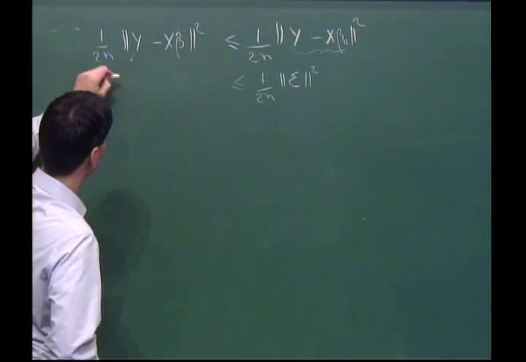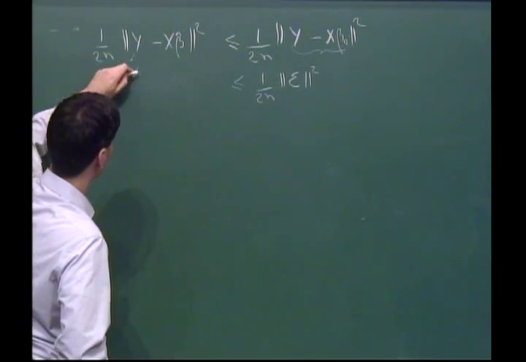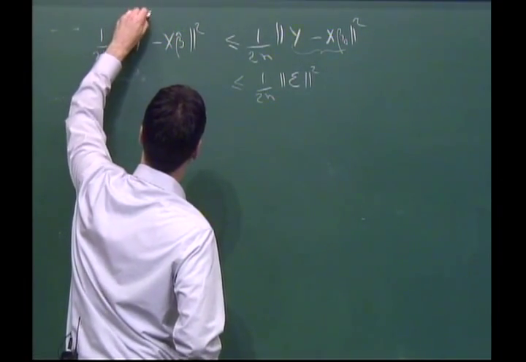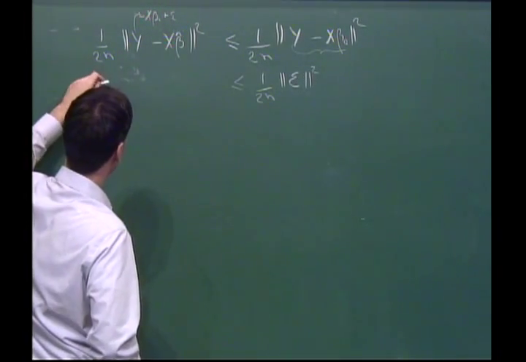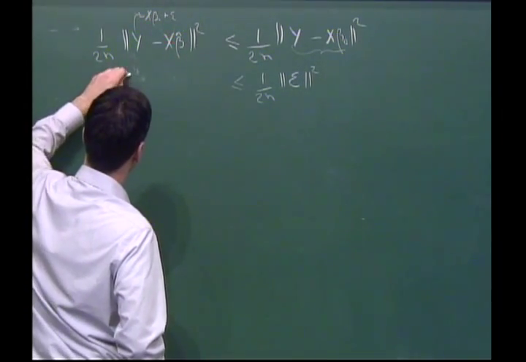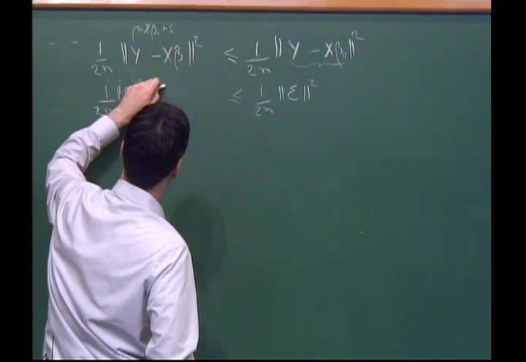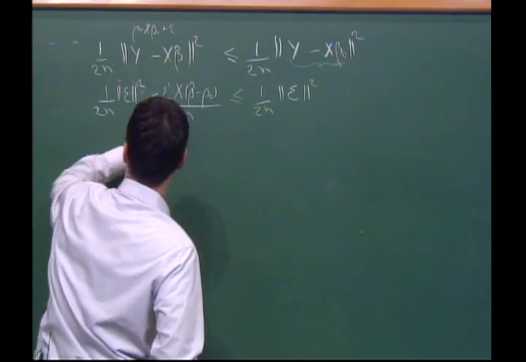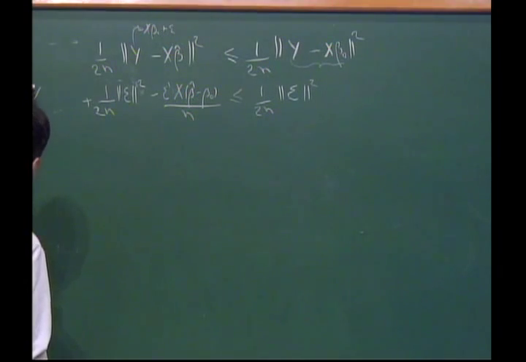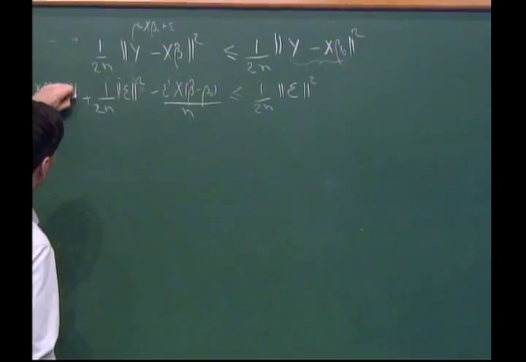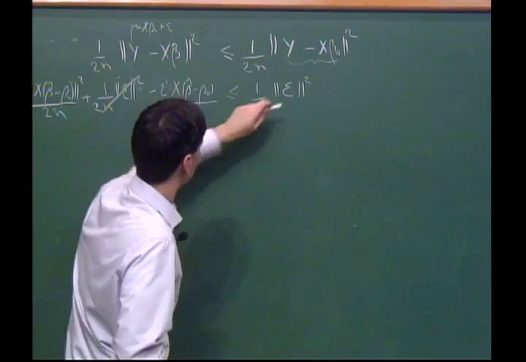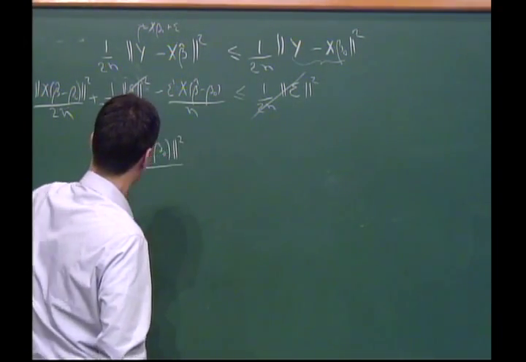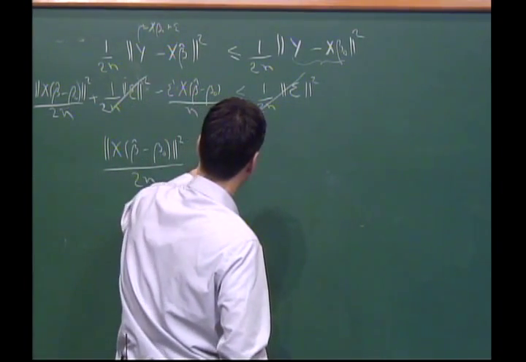And this, if I rewrite each one of those as y minus x beta hat plus x beta naught, I can just rewrite the sum as beta hat minus beta naught over n plus x beta hat minus beta naught over n. This goes away. And then we have essentially the two main issues that arise in these types of problems.